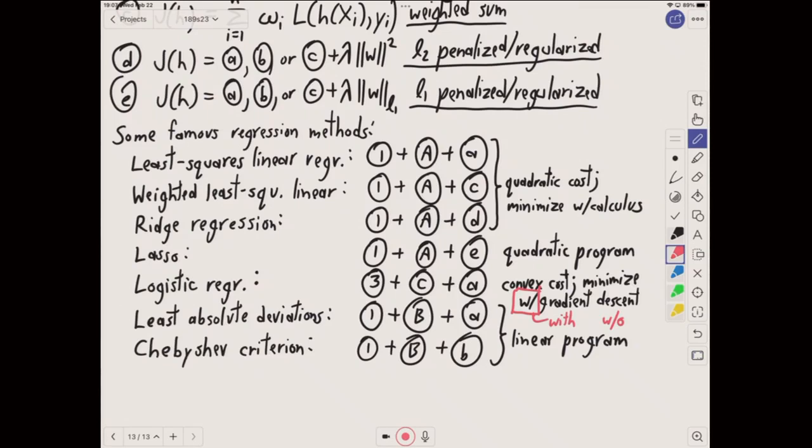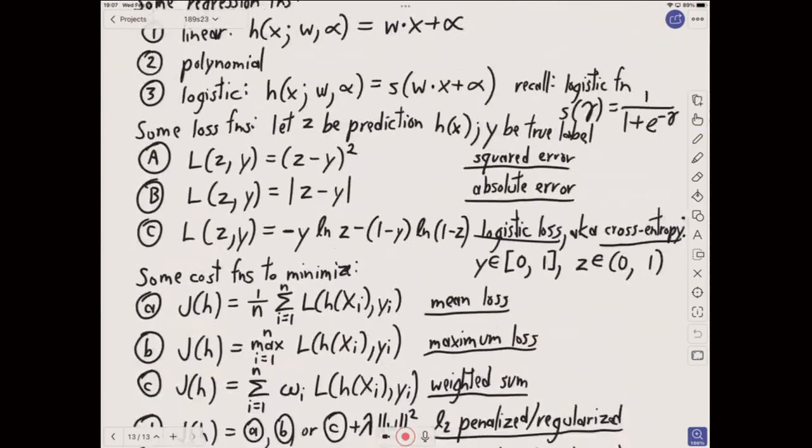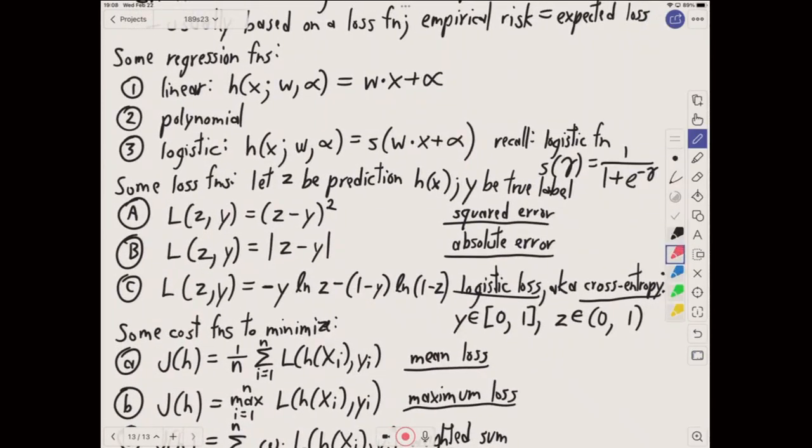Yeah. Say one more time. Absolute error, like you're talking about number or polynomial. There isn't necessarily a name for that, but many of these methods you can just replace the linear part with polynomial and it just works.